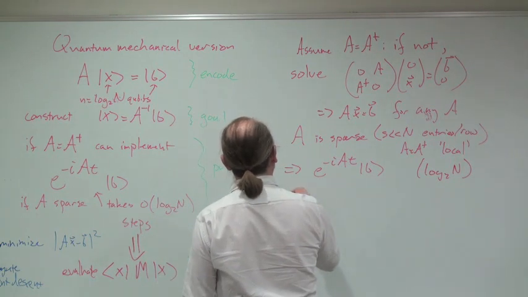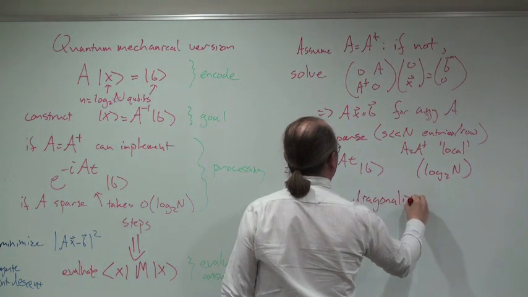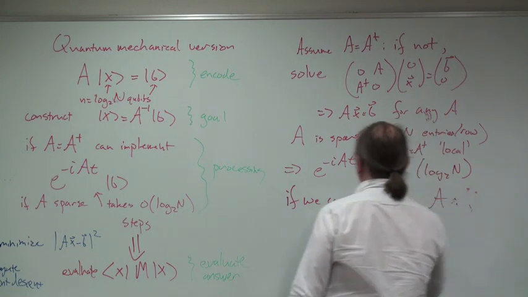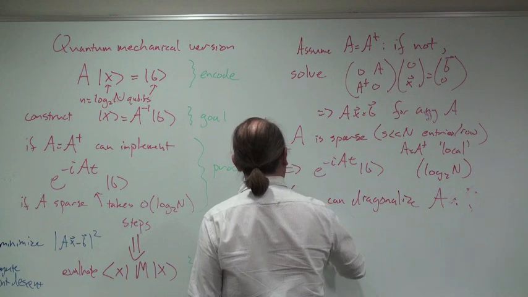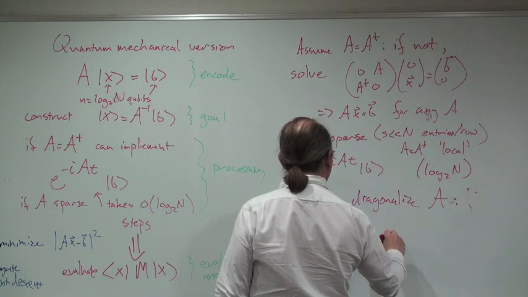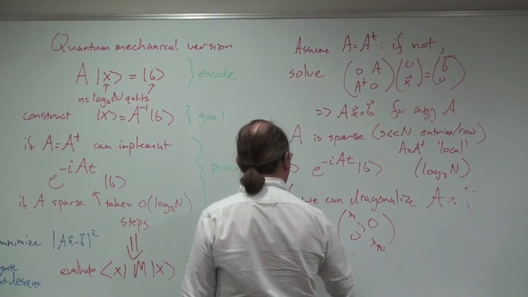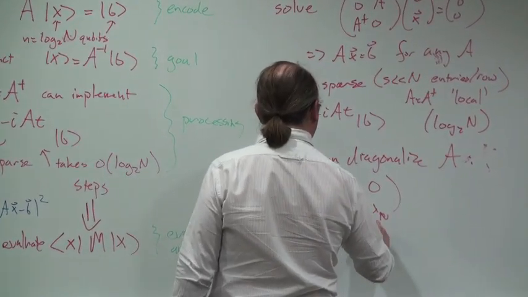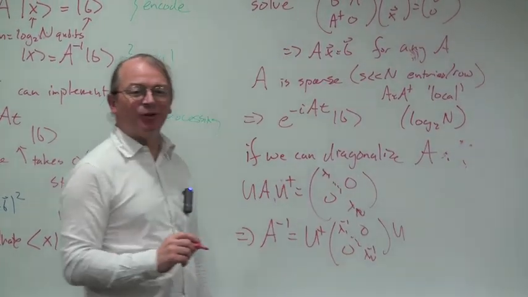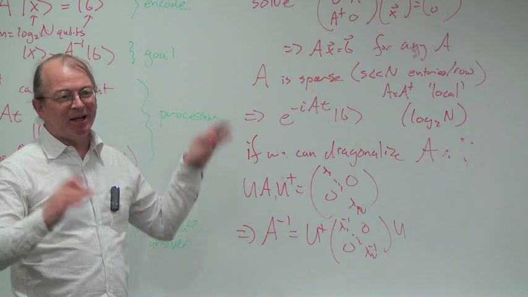So if we could diagonalize A, so let's write it in the following way: A is equal to U dagger, diag(lambda 1 up to lambda capital N, 0, 0), U. Then this implies that A inverse is equal to U dagger, diag(lambda 1 inverse up to lambda N inverse, 0), U, as you can easily see by multiplying A and A inverse together in this diagonal form.